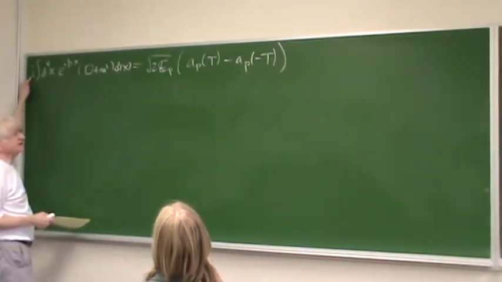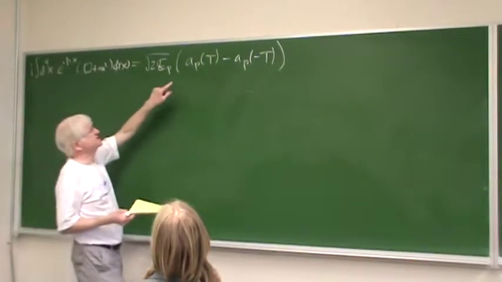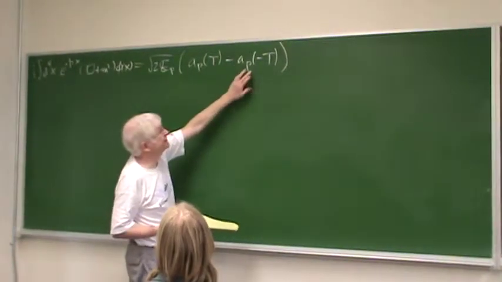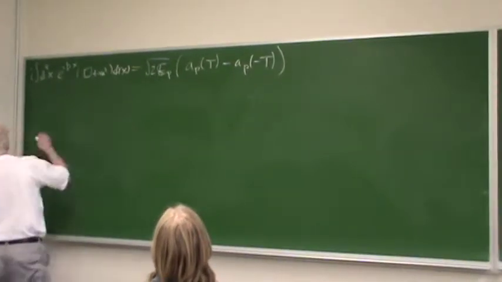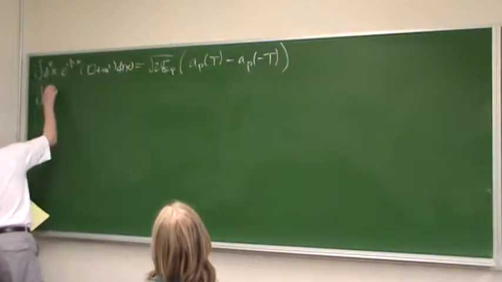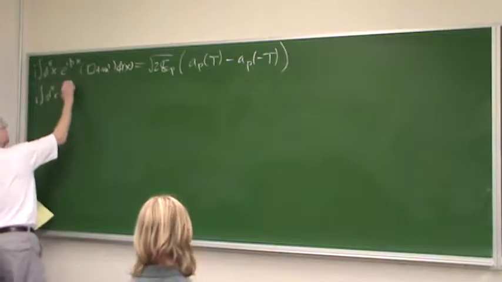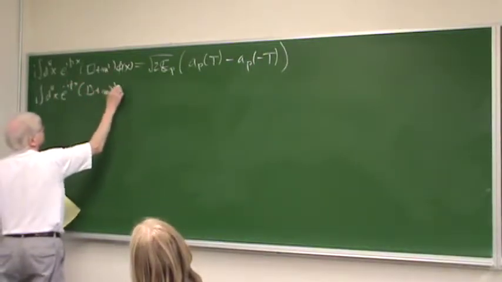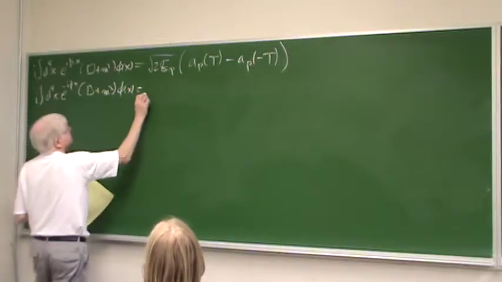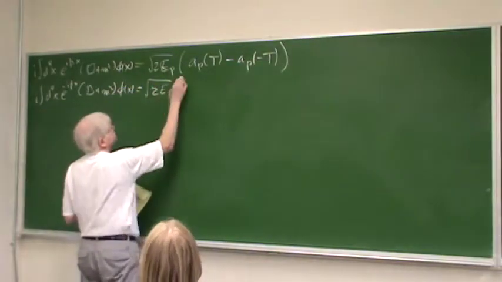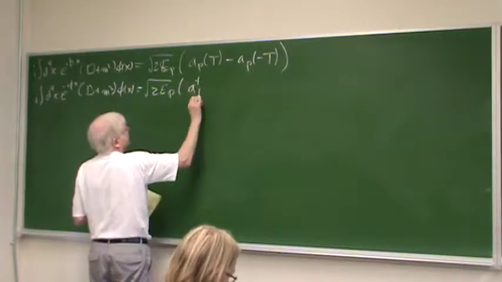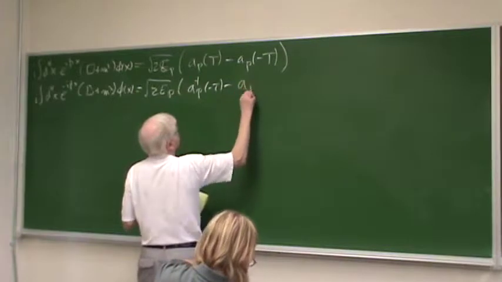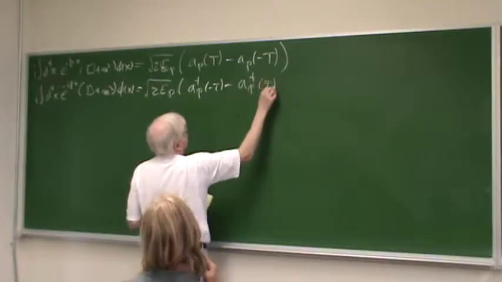You get a minus sign here, but I'm going to use that minus sign to flip this, in other words, to make it a_p of minus T. So in other words, I'm going to get i∫d^4x e^(−ipx)(□ + m²)φ(x) equals square root of 2E_p times a_p dagger at minus T minus a_p dagger at plus T.